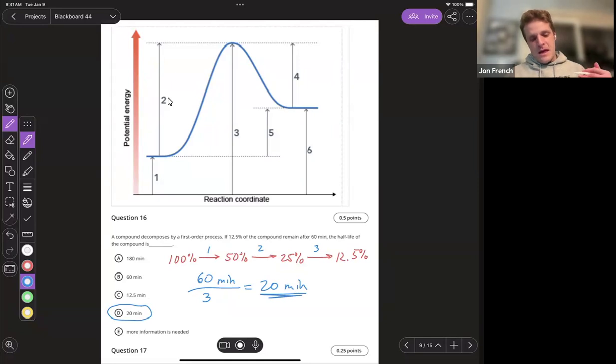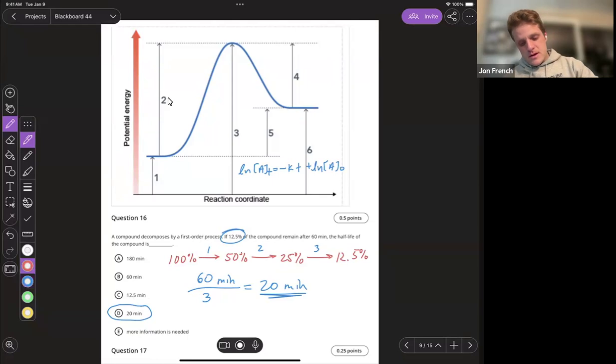So it would be a harder question, but if it was not a nice half-life number, we'd have to do the calculation for a first order rate law. And we would say natural log of the concentration at time t equals negative kt plus natural log of the concentration at time 0.